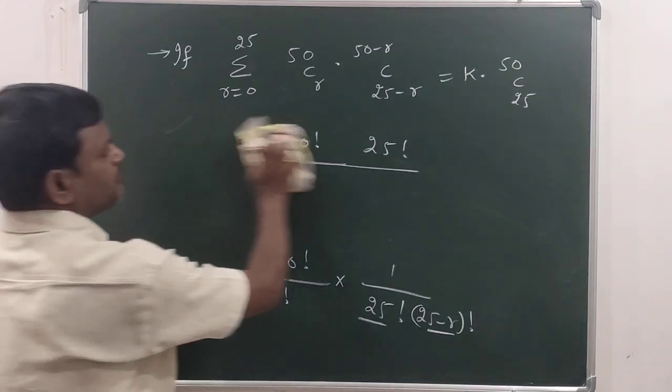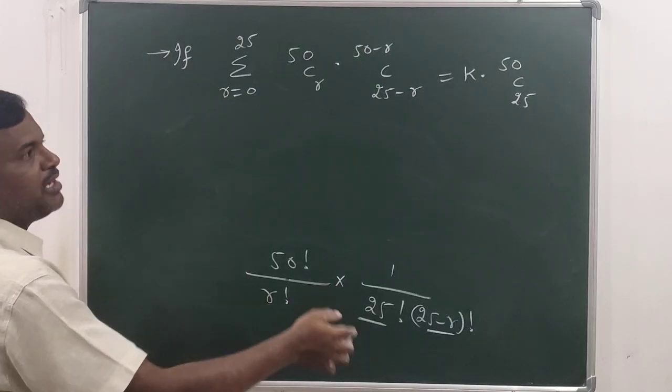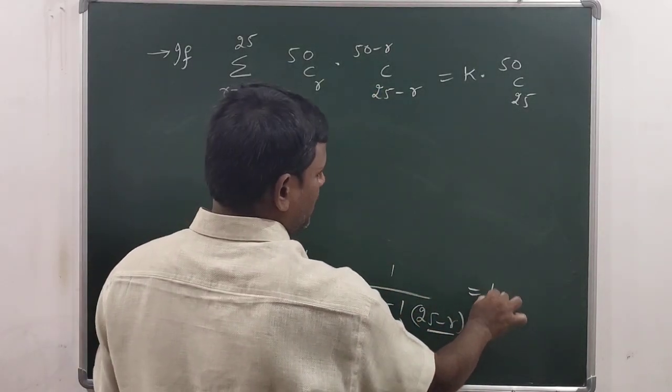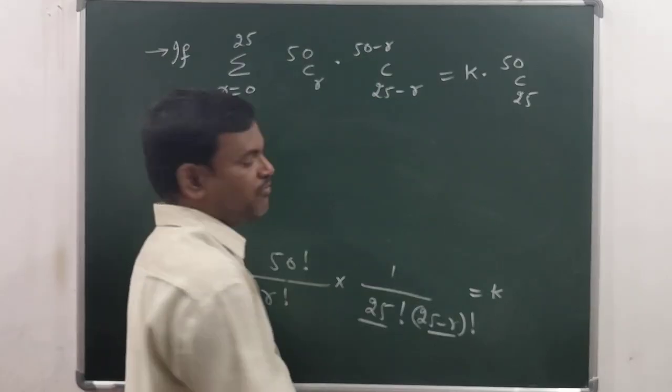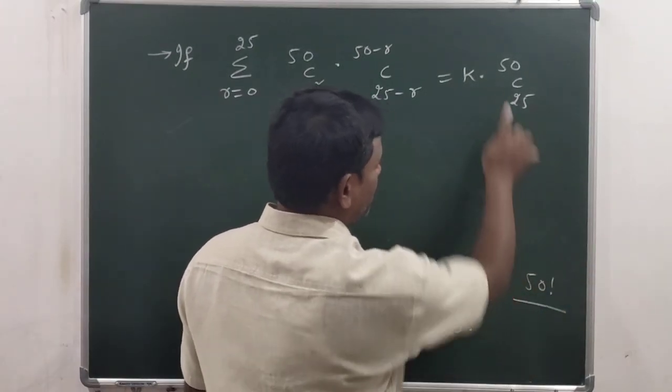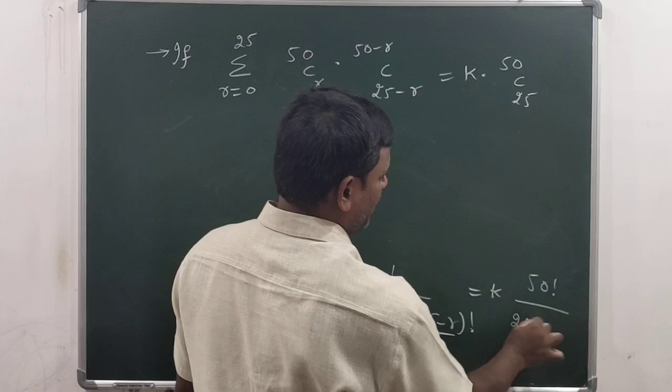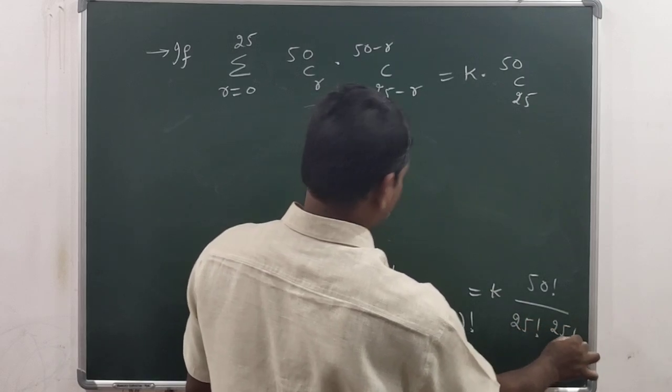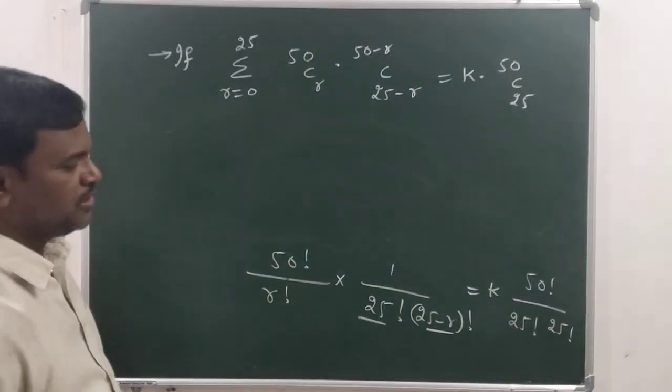So, okay students, compare this one with the RHS. What do you get? K into RHS, 50C25 is there, 50 factorial by (50 minus 25) factorial, 25 factorial into 25 factorial. Now, is there any use?